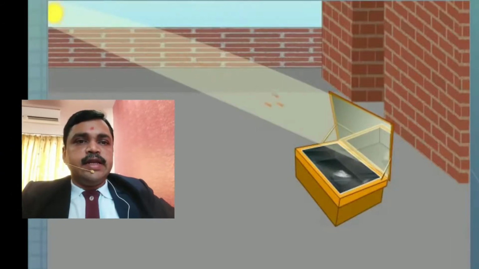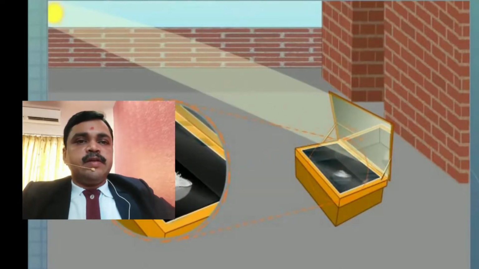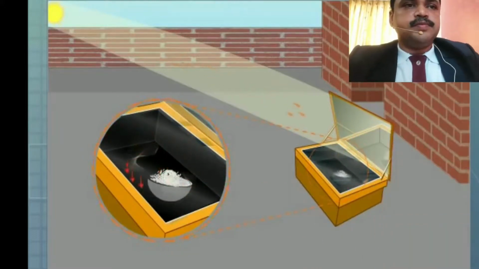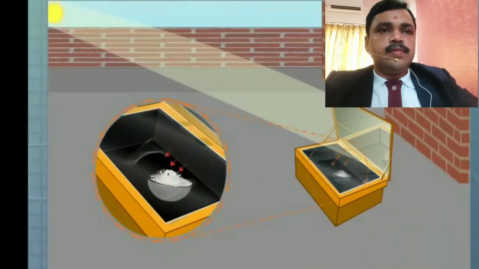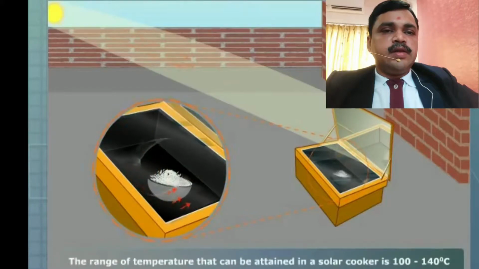When solar radiation takes place, the reflecting mirror reflects radiation and it is absorbed in the food, and time to time it heats up.